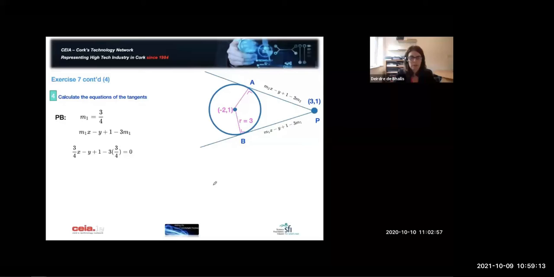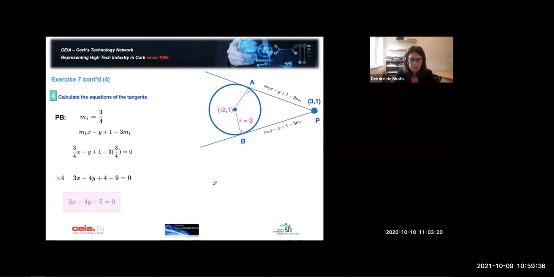And we pop m1 into the equation. Now I'm just multiplying across by 4 to remove the fractions. That tidies up to a very nice 3x minus 4y minus 5 equals 0. And that's the equation of my first tangent.